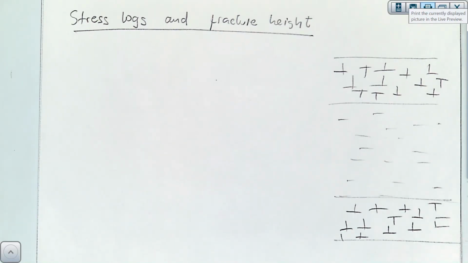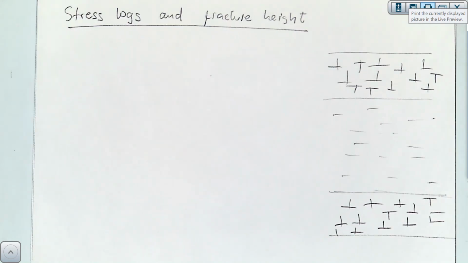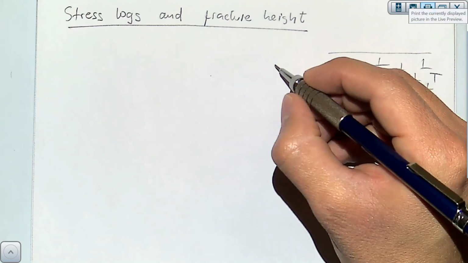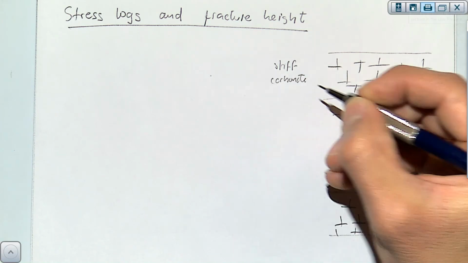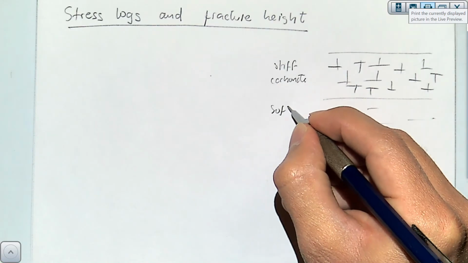So let's say this is stiff carbonate, and this is a soft shale.